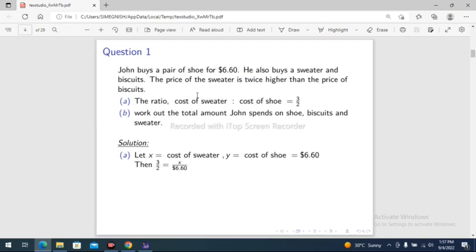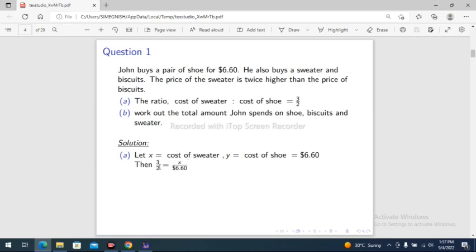The cost of the sweater divided by the cost of the shoes is 3/2, so we have 3/2 equals x, the cost of the sweater, divided by 6.60. Then to find the unknown variable x, you multiply both sides by 2.